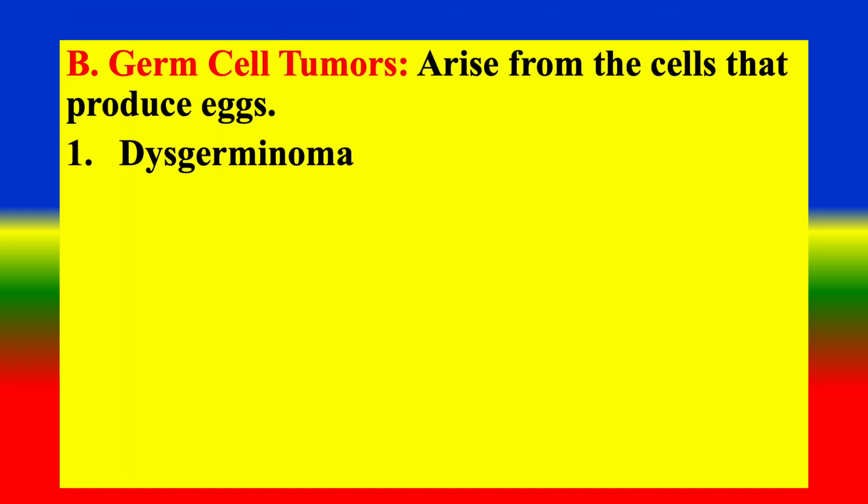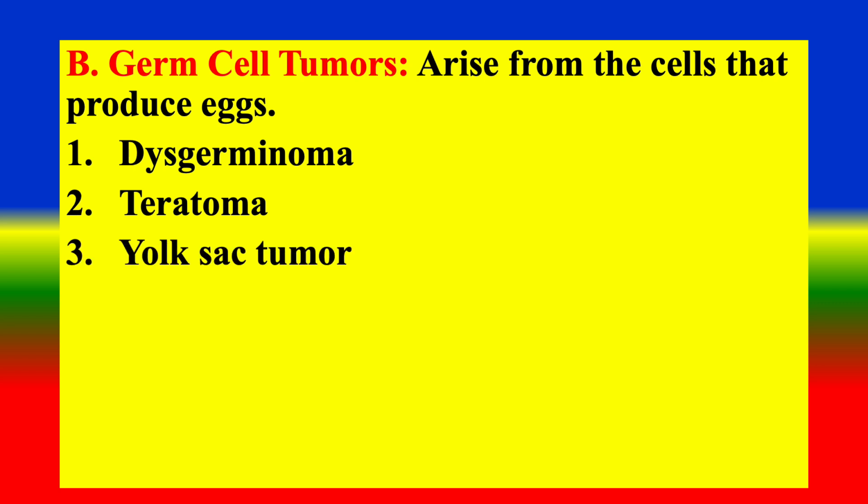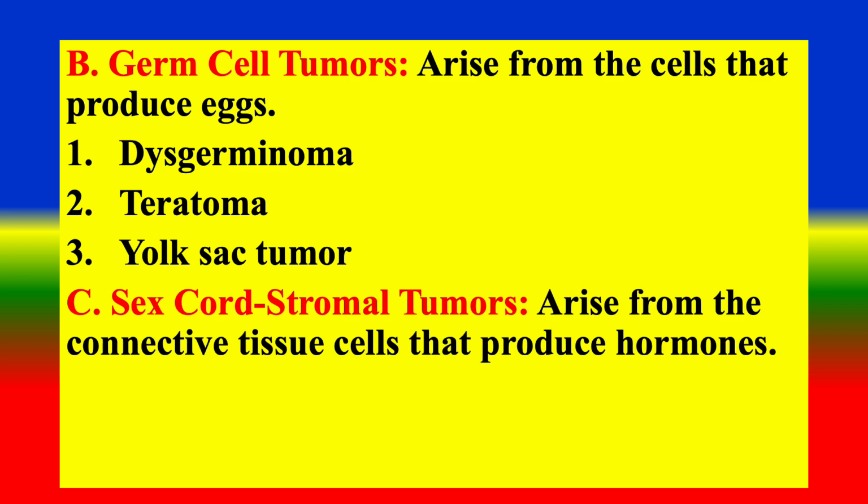B. Germ cell tumors arise from the cells that produce eggs. 1. Dysgerminoma. 2. Teratoma. 3. Yolk sac tumor.